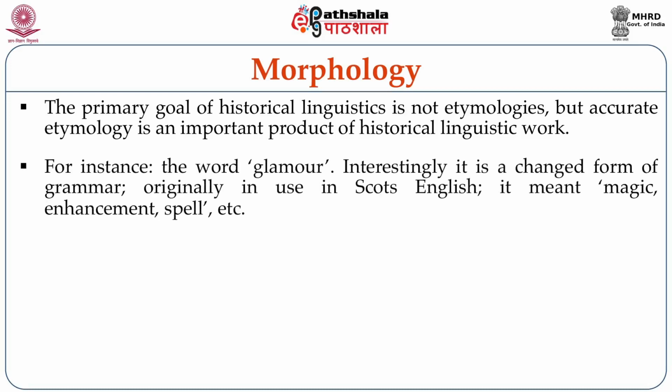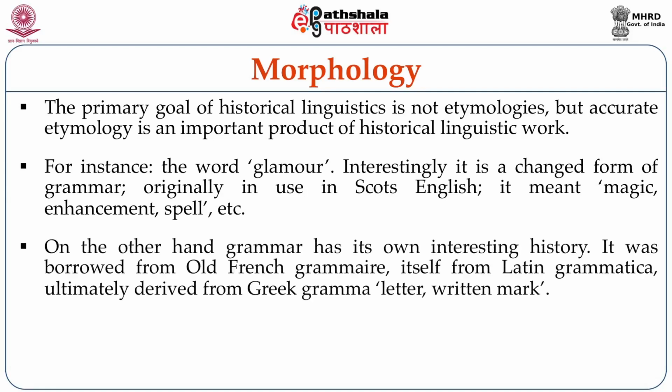For instance, the word glamour, interestingly, is a changed form of the word grammar, which was originally in use in Scots English. It meant magic, enchantment, spell, etc. On the other hand, grammar has its own interesting history.